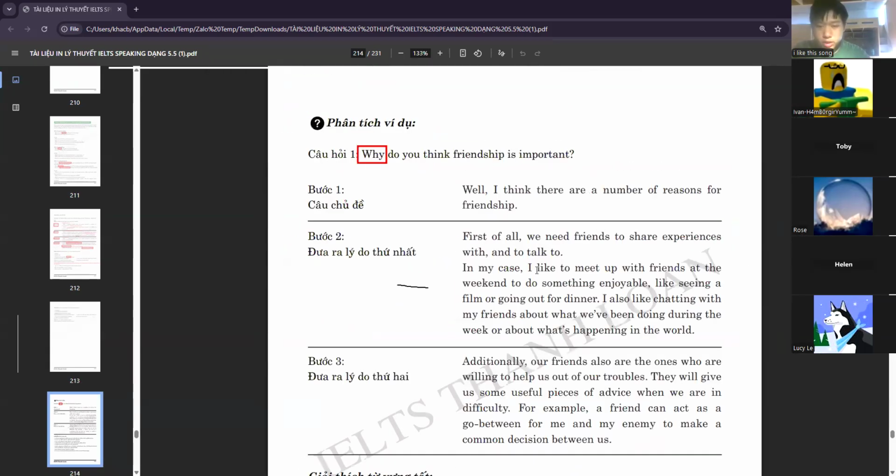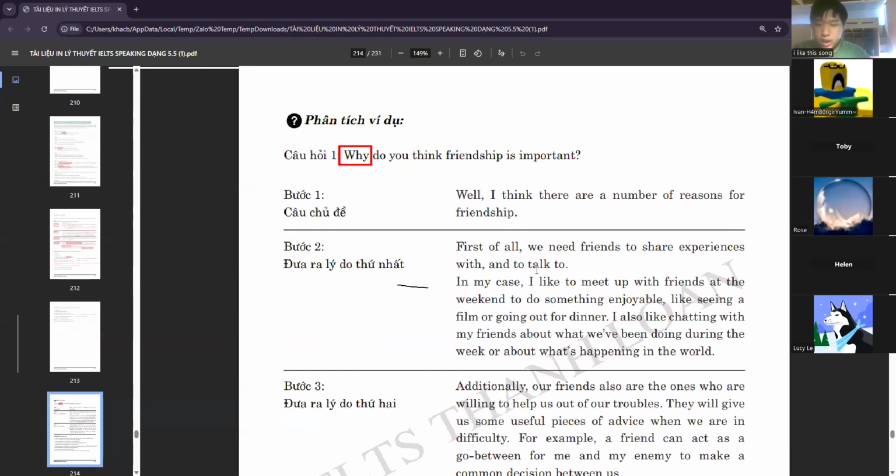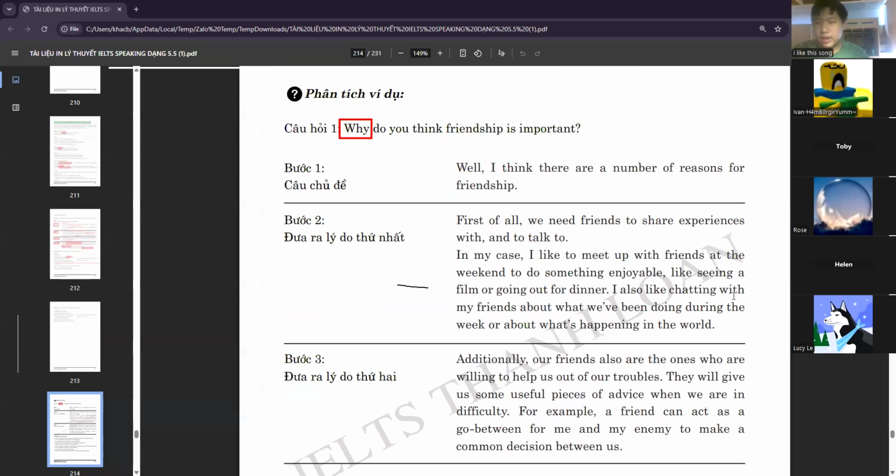As you can see, since they have probably prepared beforehand, they have done a lot of elaboration upon their answers. You can see that they said they like to meet up with their friends and get to do something enjoyable like seeing a film or going out for dinner.